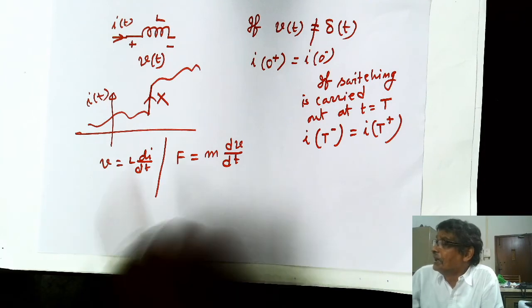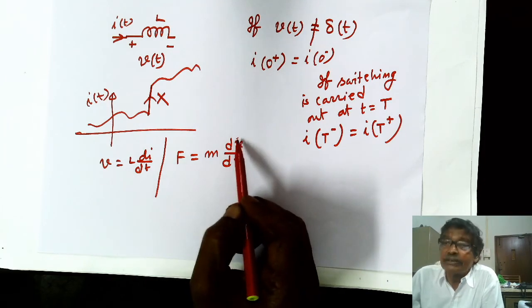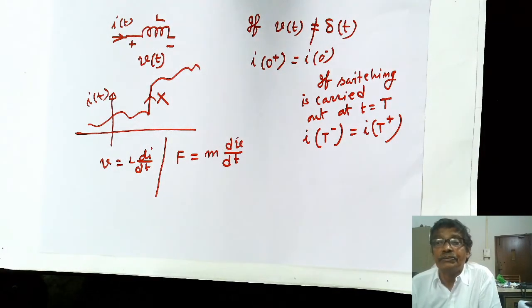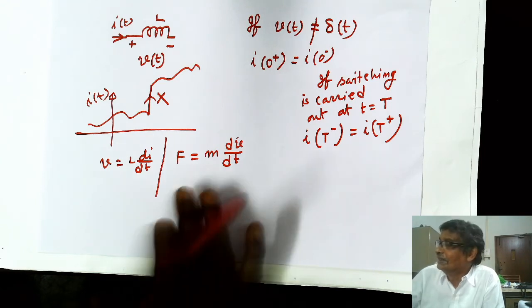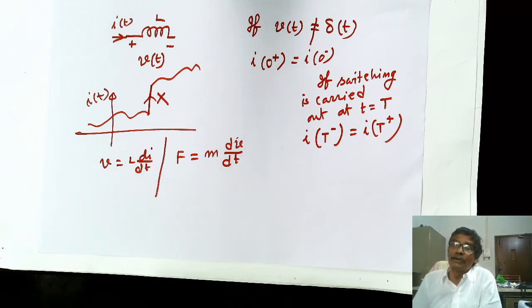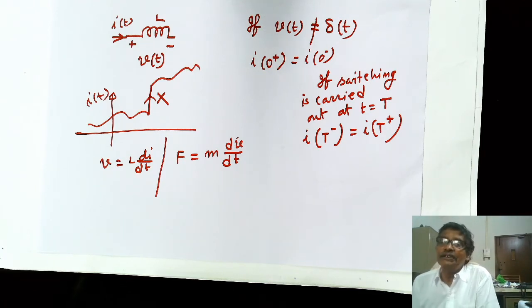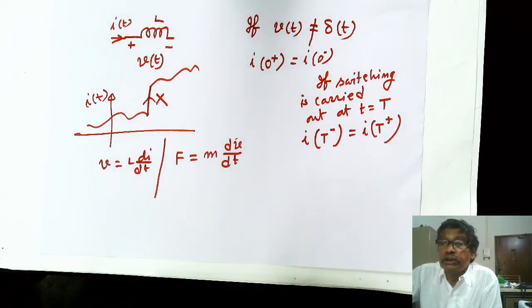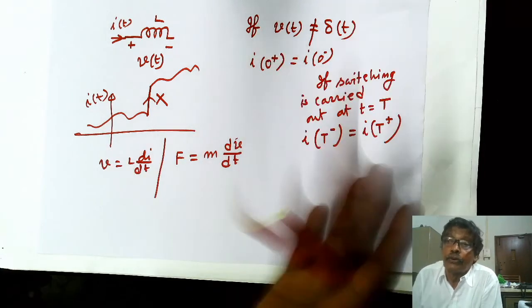The velocity of that mass may be considered to be the magnitude of the current in an inductor. One can compare, it looks like that. Can you change the velocity of a mass instantaneously? No, velocity is continuous, provided your force is not an impulse force. Similar thing here, whatever I have told.